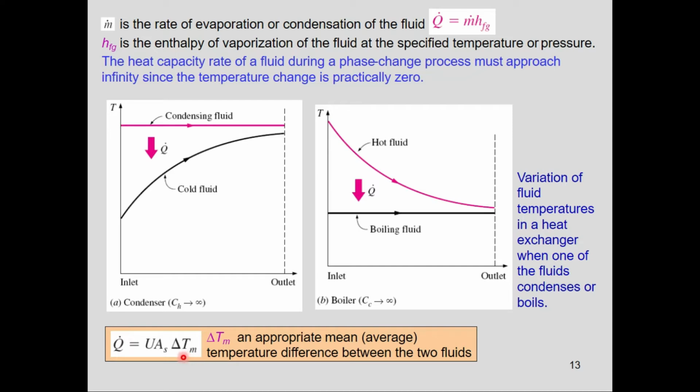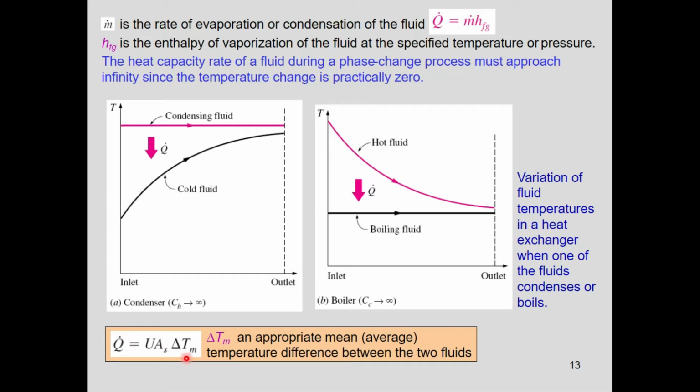We need to know that average or constant value of delta Tm along the length of the heat exchanger. So if we know Q dot, U, and delta Tm, we must get the correct value of the heat transfer surface area. So what does it mean?